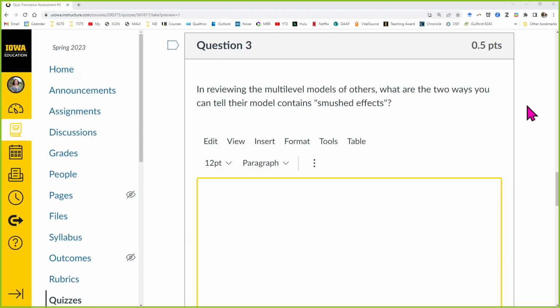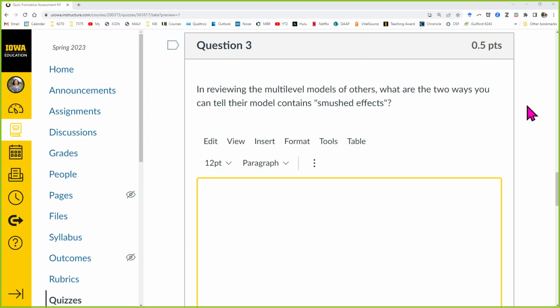If I enter a level 1 predictor in the model and it reduces my level 2 random intercept variance, it was the level 2 part of the level 1 predictor that reduced the level 2 random intercept variance. That's a smushed effect. And the problem is that it may not be the right level 2 effect. It's whatever the smushed effect says it would be, which may be too big, too small, or even in the wrong direction. So if the level 2 variance goes down after you enter a level 1 predictor, that's a sign of a smushed effect.